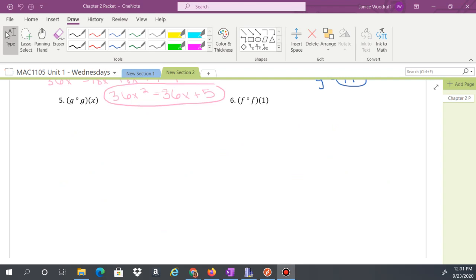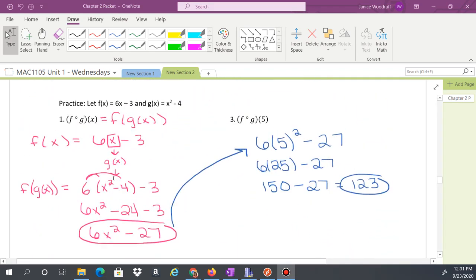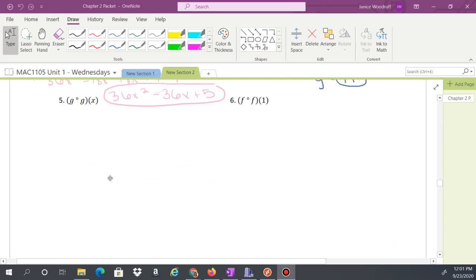Okay, so number 5, we have g of x. So our g of x function, that was 6x minus 3, I believe. Yes. Okay, so we have g of x, and g of x is going to be 6x minus 3.